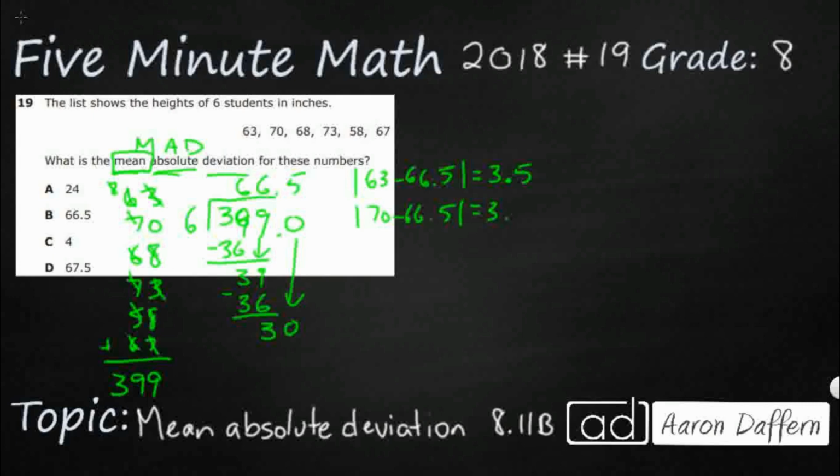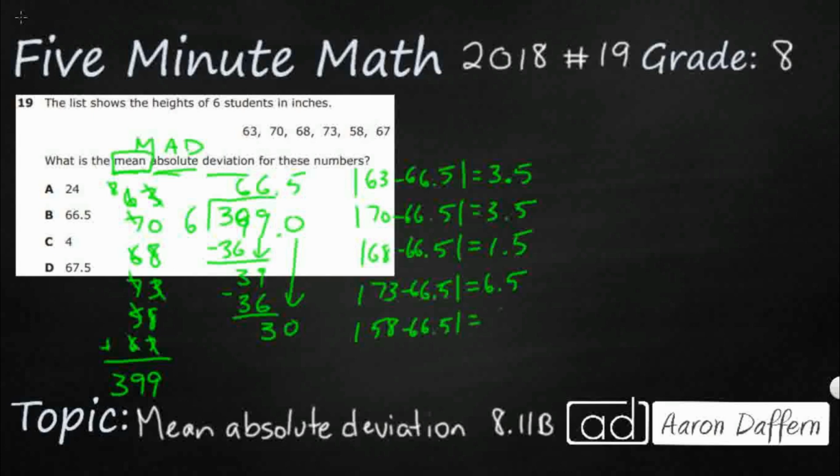And then my 68 from 66.5. See how these are pretty tightly packed right here. It's only 1.5 away. 73 is going to be a little bit farther away. All right, so that's going to be 6.5. 58, very far.